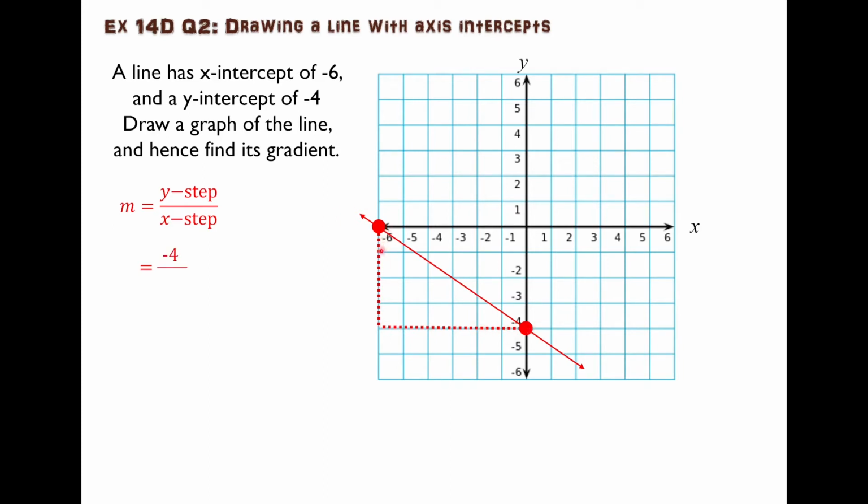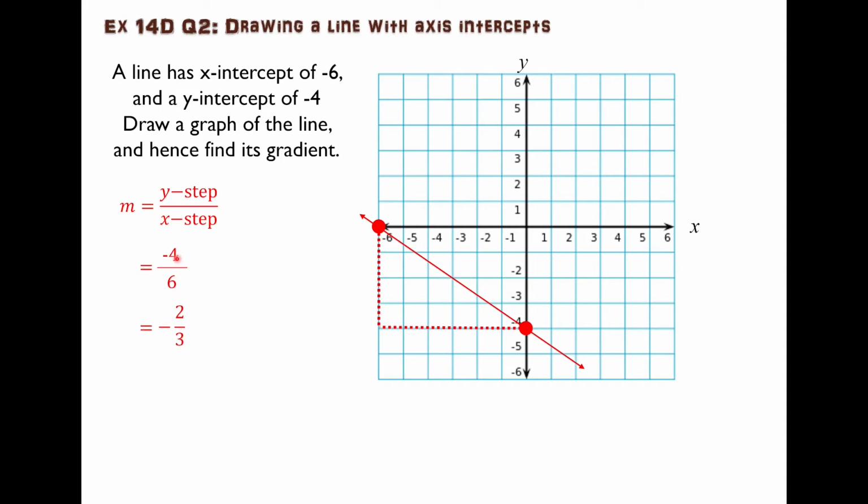The y step is -4 because I go down, and the x step will always be positive for us. I go across to the right, 1, 2, 3, 4, 5, 6. So there's my slope, there's my gradient. It's a fraction, but I can simplify this fraction. To simplify this fraction, first I'll do the sign, positive, negative, and negative divided by a positive is negative.